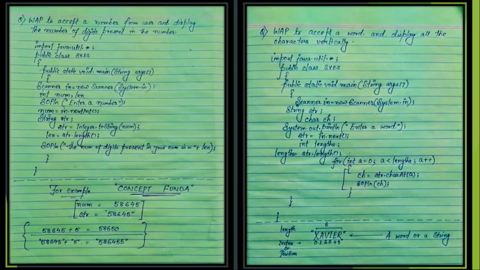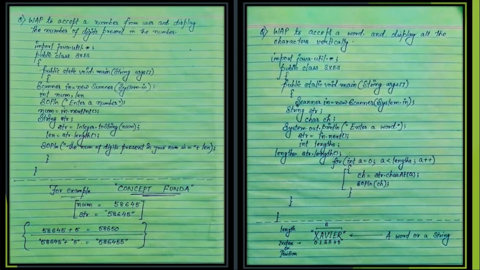Since the data type we have taken is int, int a is equal to 0, a must be less than length. The value of length is how much? 6. Let's suppose this is an example word, we are taking into account an example word, that is this Xavier.